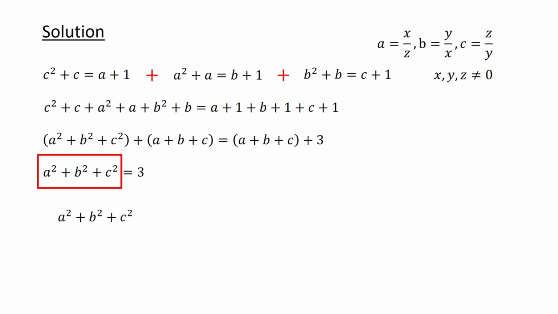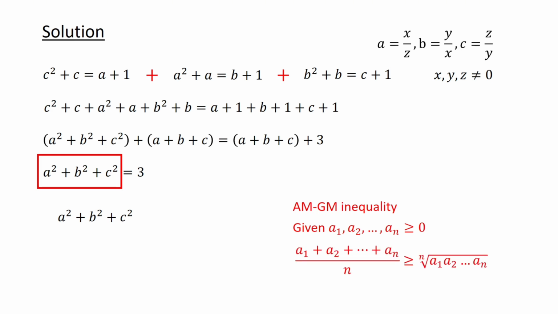Let's analyze the expression on the left hand side using the AM-GM inequality. Given non-negative variables a1, a2, all the way to an, the AM-GM inequality states that the arithmetic mean, given by the sum of the variables divided by n, is greater than or equal to the geometric mean, given by the nth root of the product of the variables, with equality if and only if all the variables are equal.